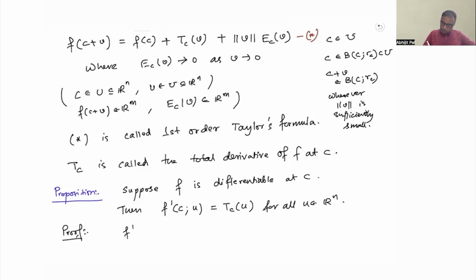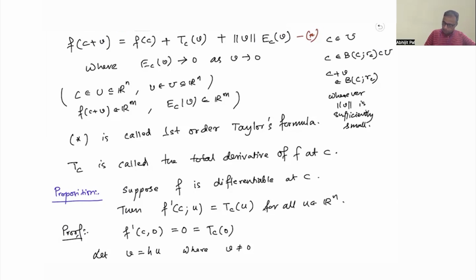So f'(c; 0), from the definition, it is clear that this will be equal to 0, which is again equal to T_c(0). So now let b be equal to hu, where b is not equal to 0.